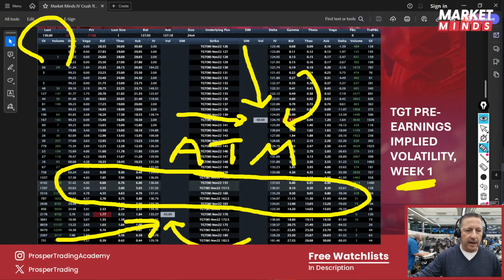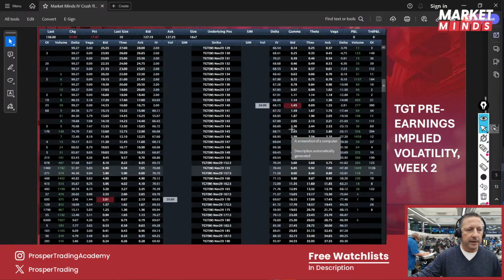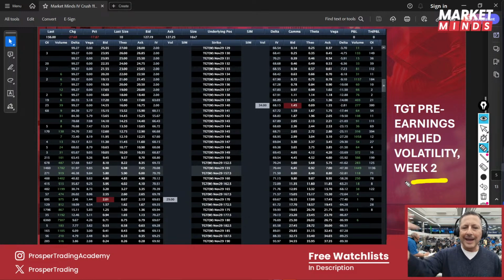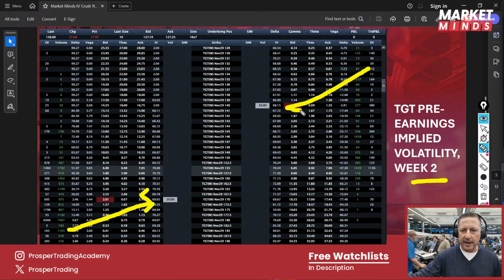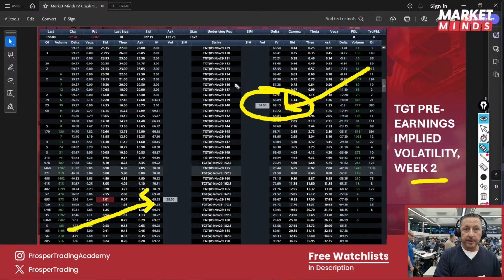Now, let's go to the next slide. The next slide is showing week two, next week's expiration. Same thing. If we look at the same exact strikes that I was highlighting, the expected move out of the money both to the downside and to the upside, the puts and the calls, you can see that the implied vol before my adjustment was way lower than this week's.